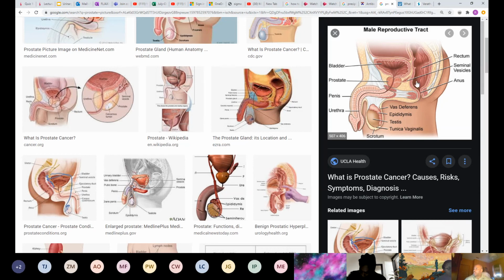So when the finger is inserted, you're feeling for nodules. Nodules can indicate possible cancer. A prostate should feel like an eraser. I actually have a journal article published on prostate health that I did when I was in my doctoral program.